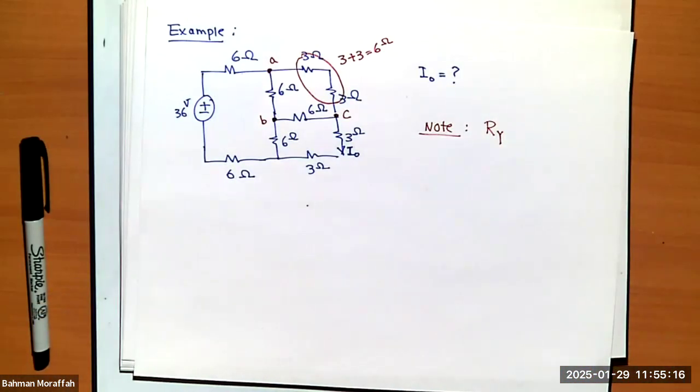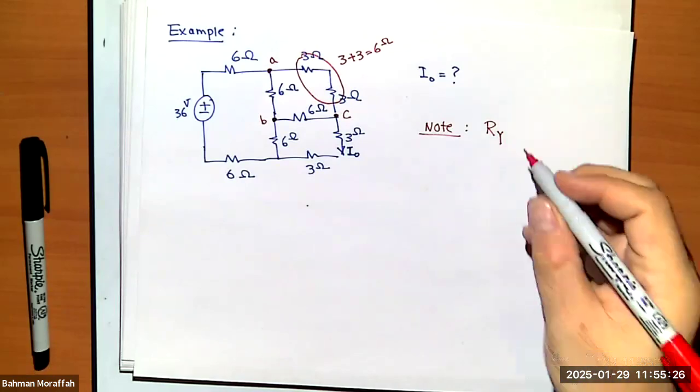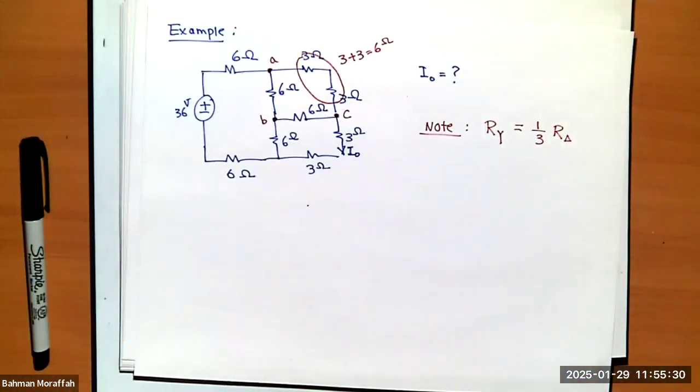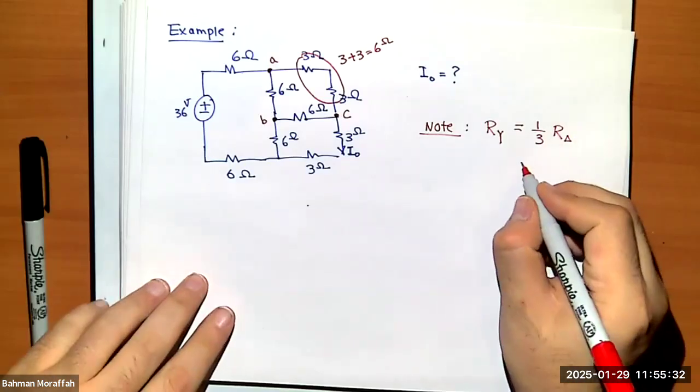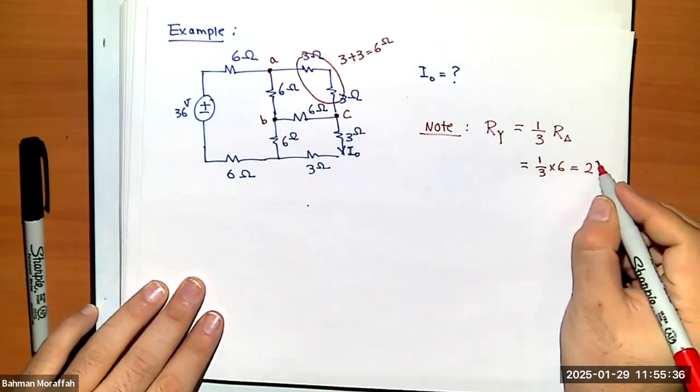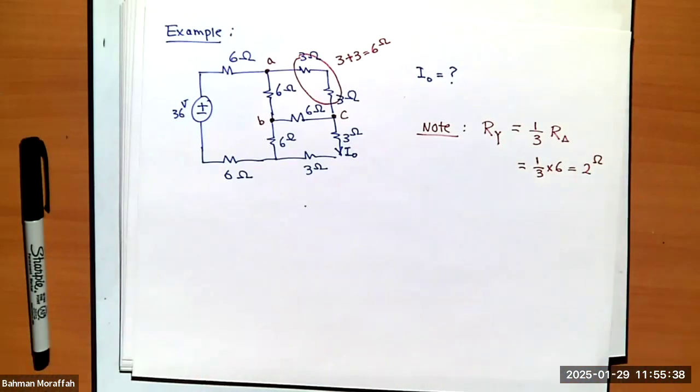What's the relationship to R delta if they were all equal? It's 1/3 of that, right? So it's 1/3 R delta. In this case, R delta is 6. So it's 2 ohms, right?